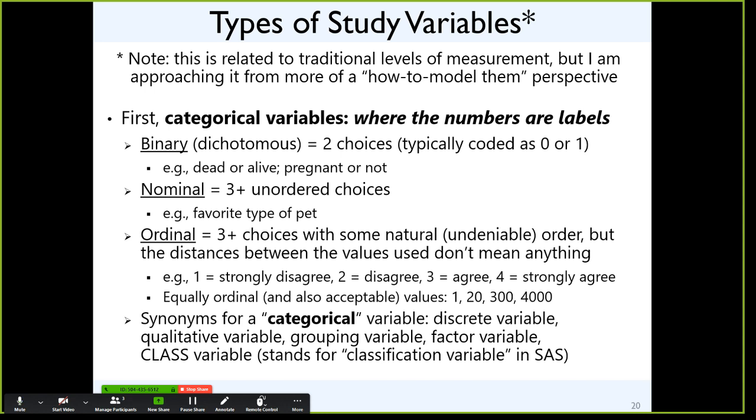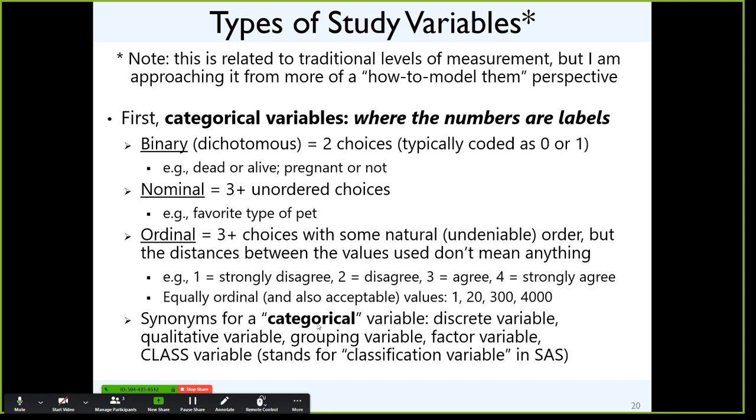They're ordinal. They're ordered categories. The numbers assigned to them are inconsequential. I could have had you circle 1, 20, 300, or 4,000, and that would be equally correct, because those numbers obey the ordering. The distances between them cannot be thought of as equal or interval, as this is coming next.